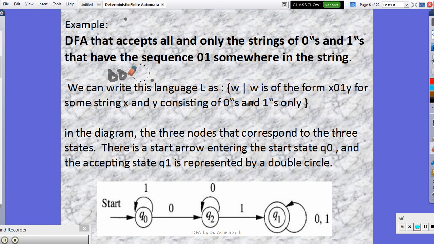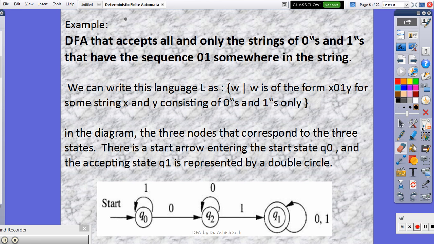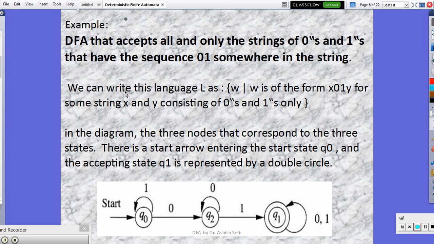Now the next thing is we have to think how we can design the DFA for this. If we want to express this in terms of language, we can write a language L as a set of strings W such that W is of the form x01y for some strings x and y consisting of zeros and ones only.